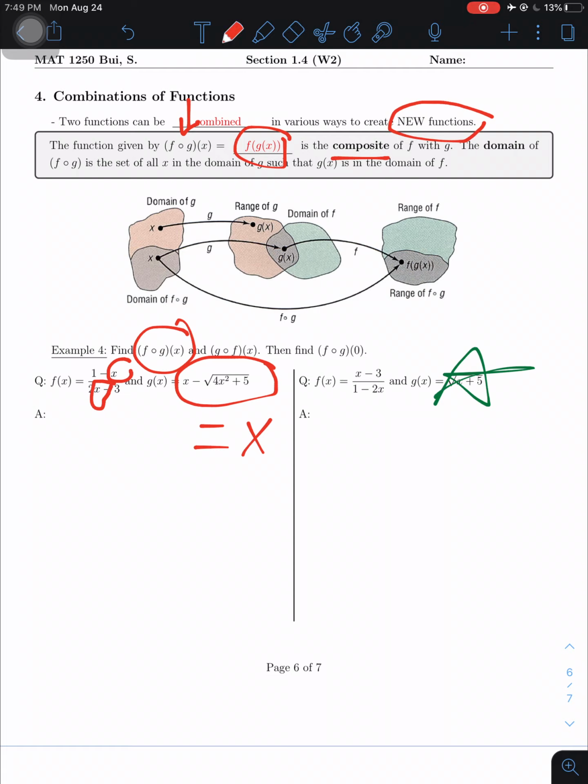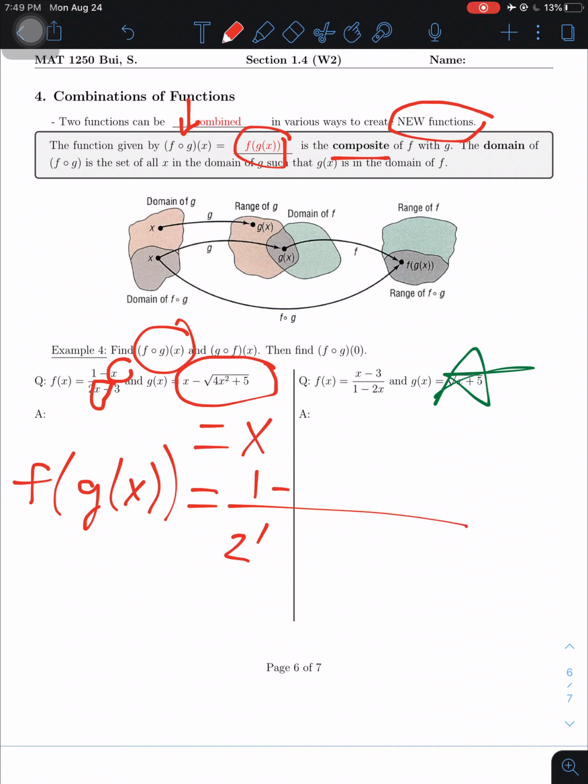So I have f of g of x equals 1 minus, let me leave it blank in here, and then 2 open parenthesis, and let me also leave it blank in here, and then minus 3. What I just wrote looks exactly like f, but I left out the x part because I told you guys that x in here will be replaced by the g function. Because the g function comes in a group, make sure you put it in parentheses.